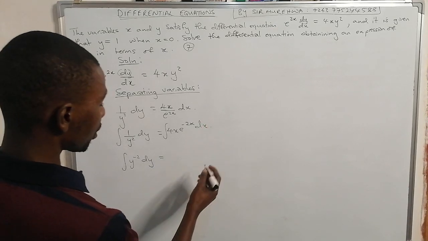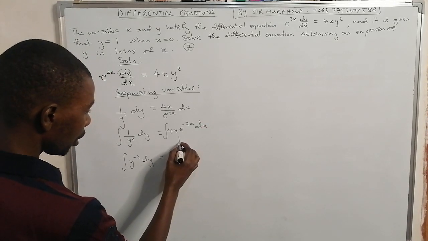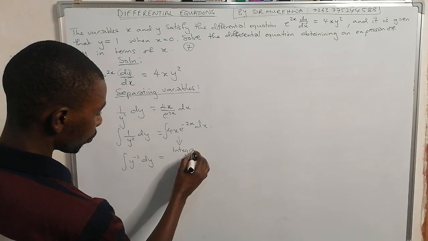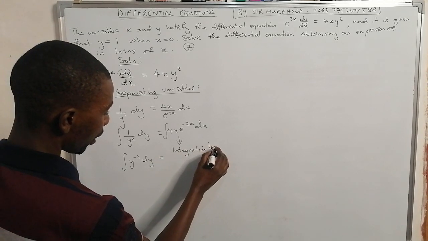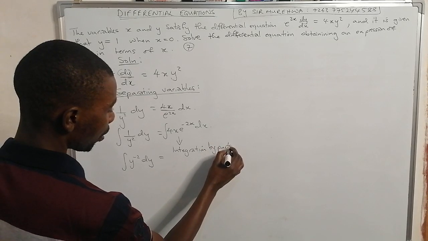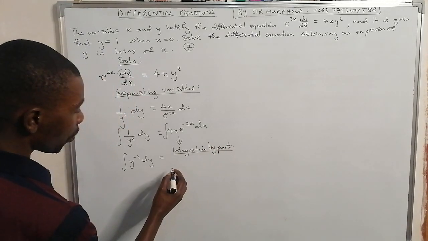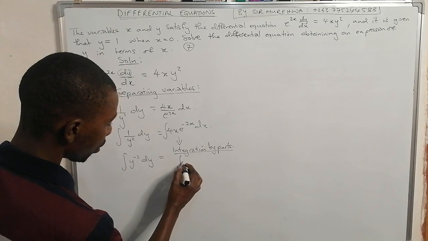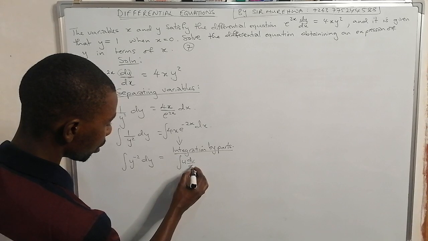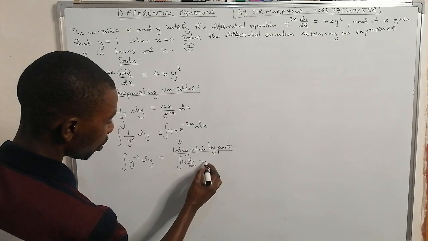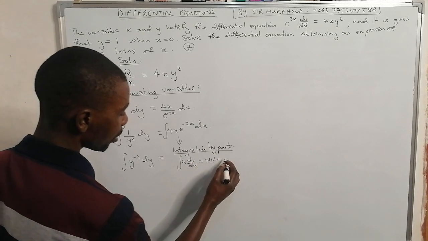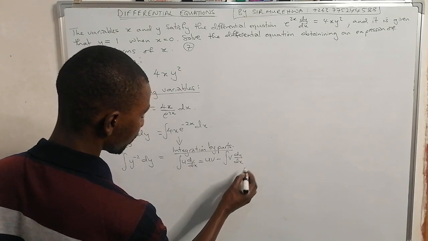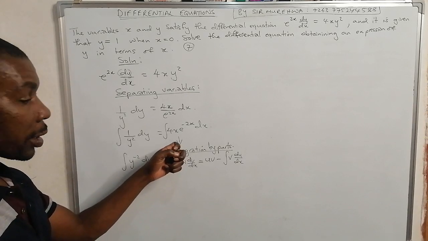Integration by parts states that the integral of u dv/dx is equal to uv minus the integral of v du/dx.